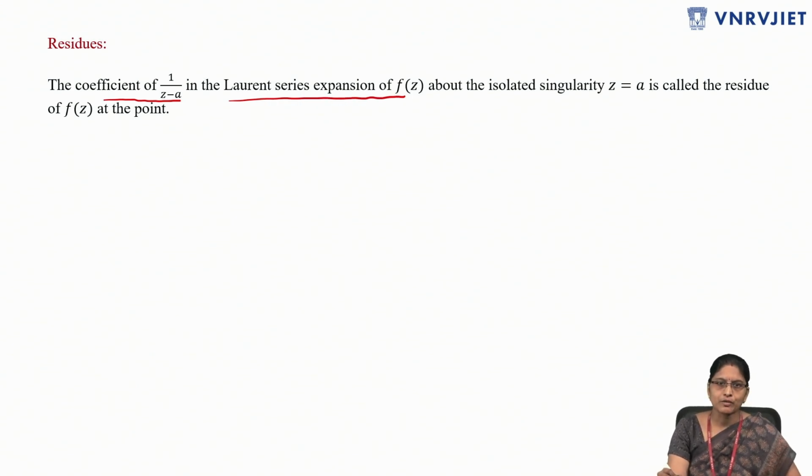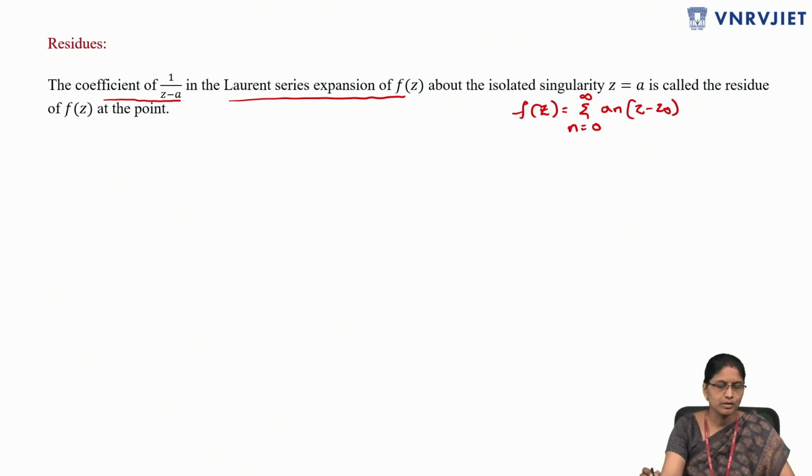In the last lecture, we already discussed what is Laurent series expansion. Laurent series expansion: f of z is equal to summation n is equal to 0 to infinity a_n (z minus z naught) whole power n plus summation n is equal to 1 to infinity b_n by (z minus z naught) whole power n.